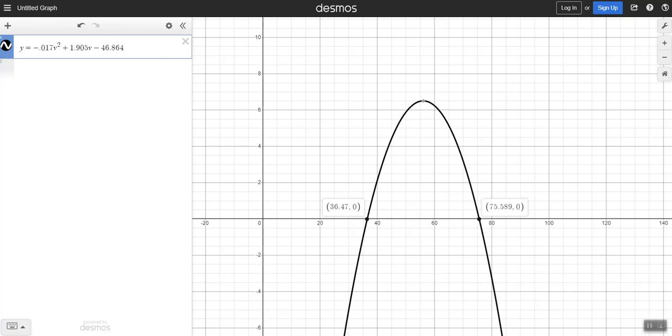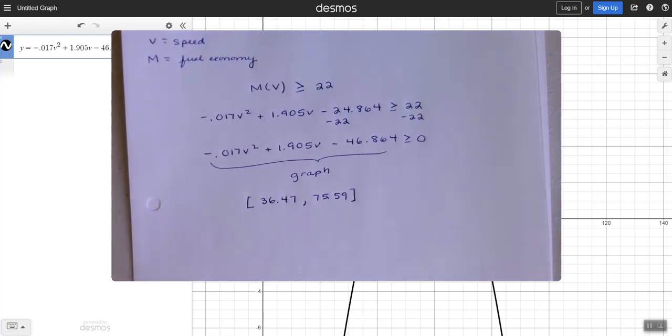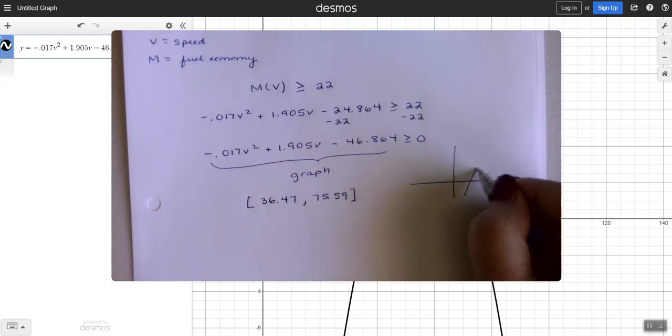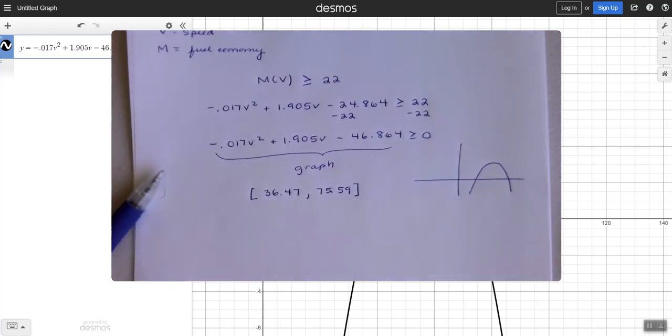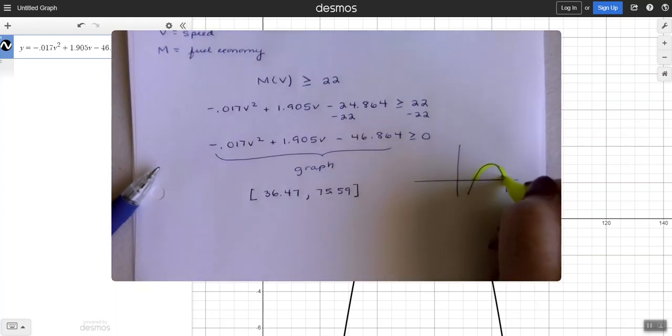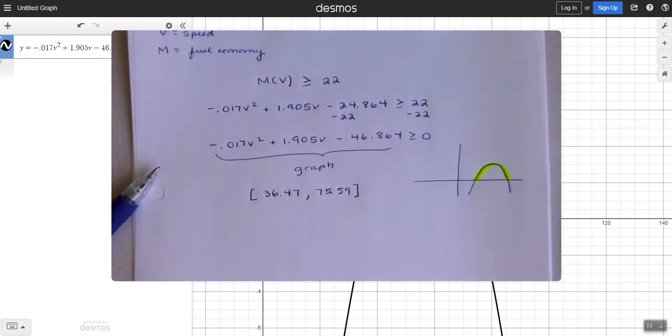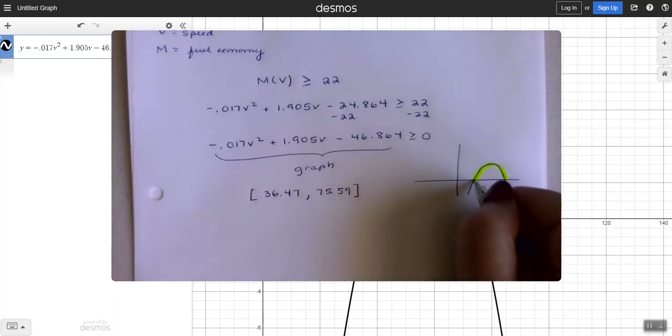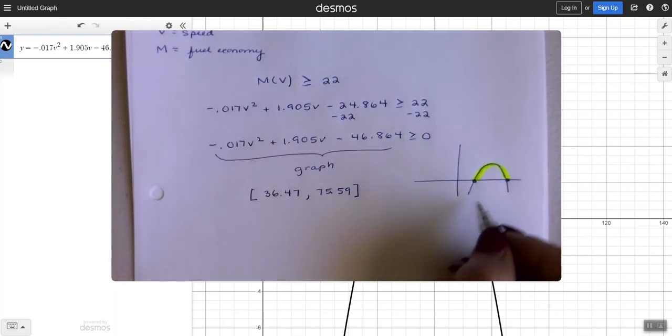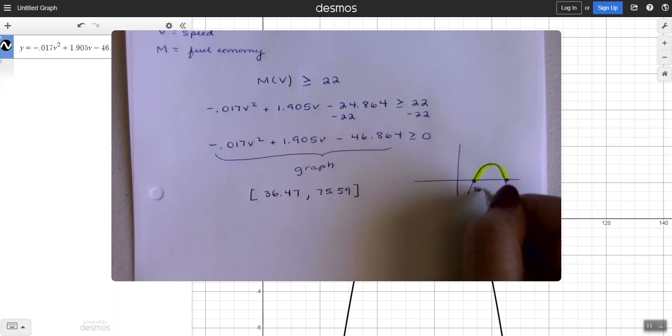So I'm going to say my solution starts at 36.47 and ends at 75.59. So there's the interval. And again, it was this part that was greater than or equal to 0 is what we were looking at. And I just took those two values right off the graph.